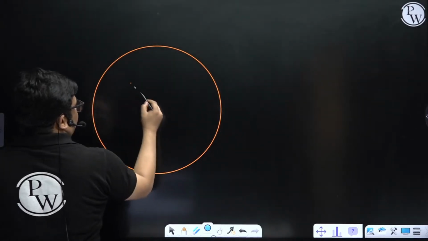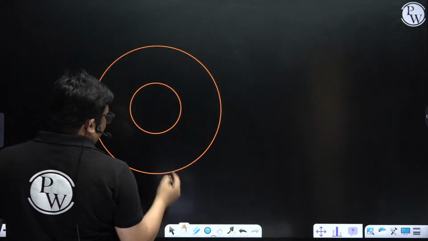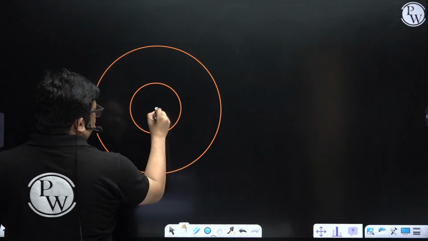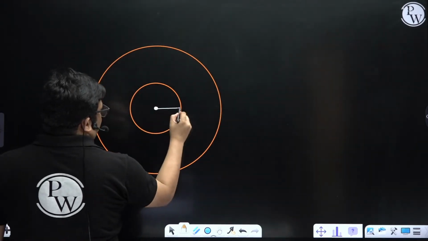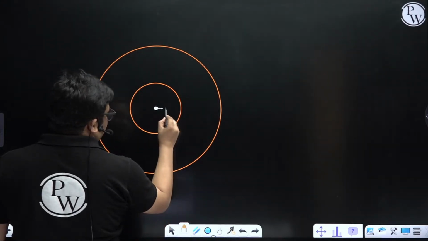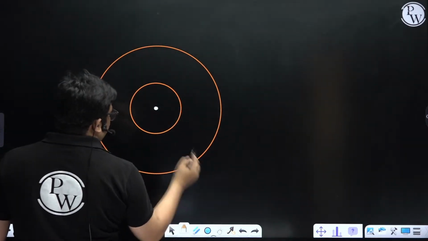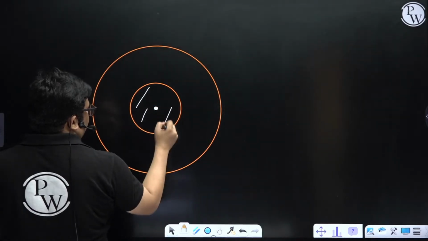So for a circular section, the core zone has a radius of how much? You see, this is the core zone for a circular section, right?